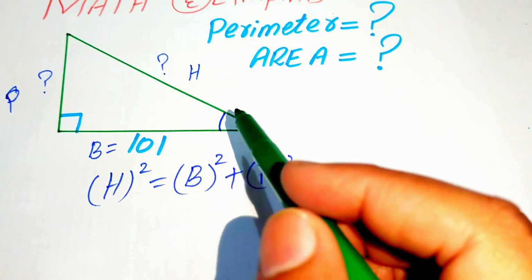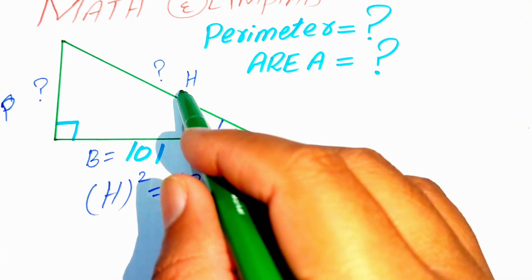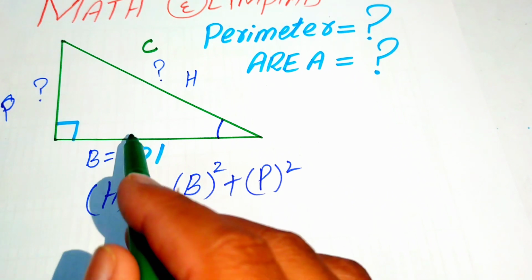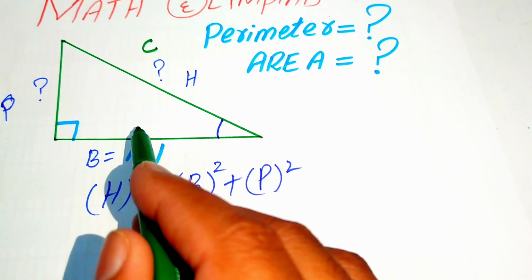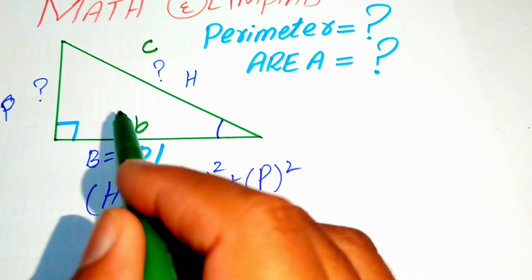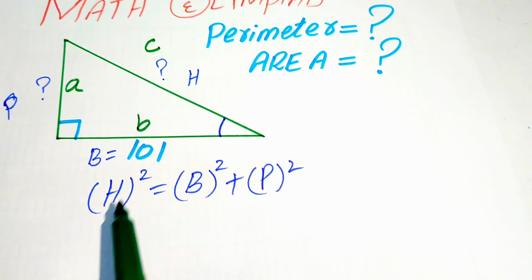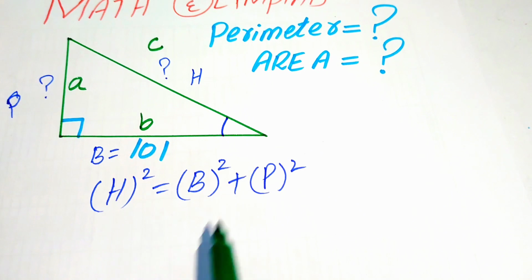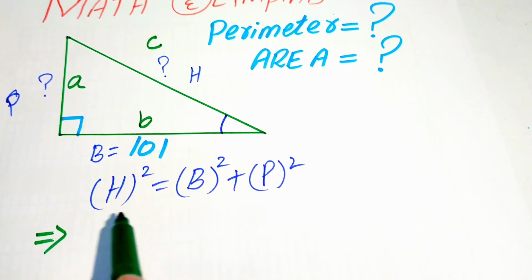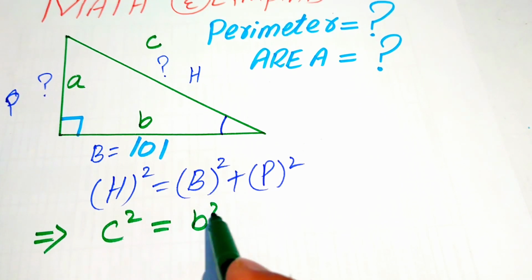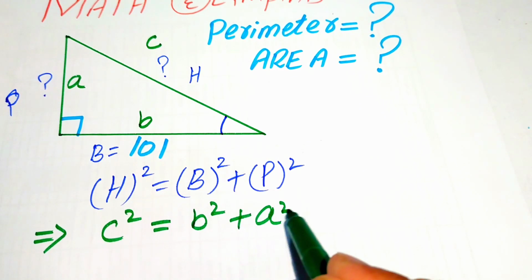So if we denote the hypotenuse of this right triangle as c, the base by small b and the perpendicular by small a, then the Pythagoras theorem becomes in this form: c square equals b square plus a square.